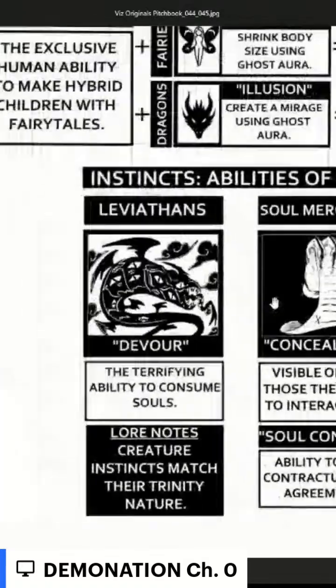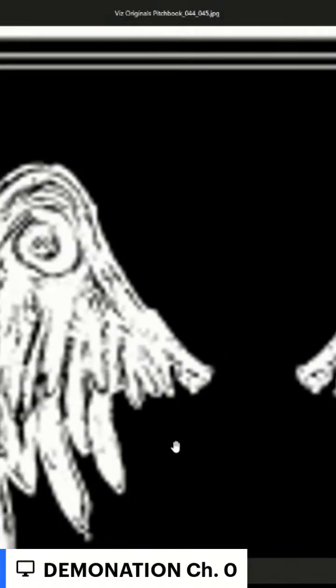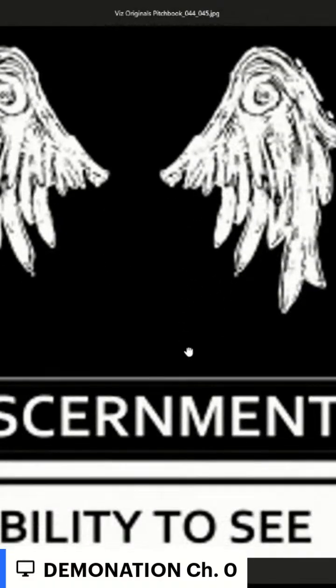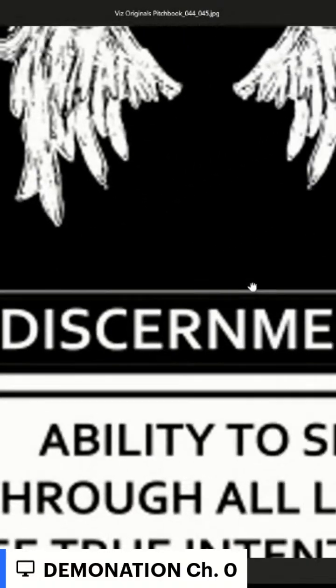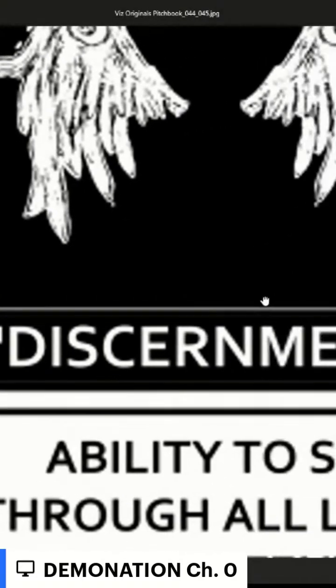Lastly, we have heralds. I'll give one as an example. So heralds, these are entities also in the story. They have something called discernment, the instinct of discernment.